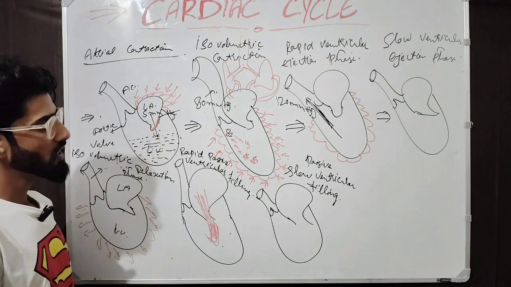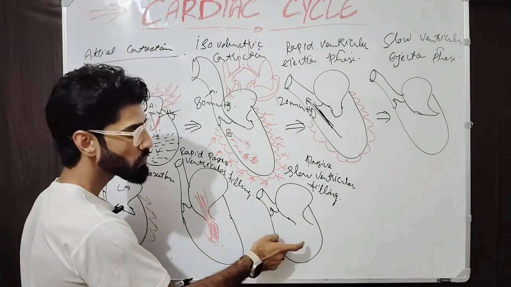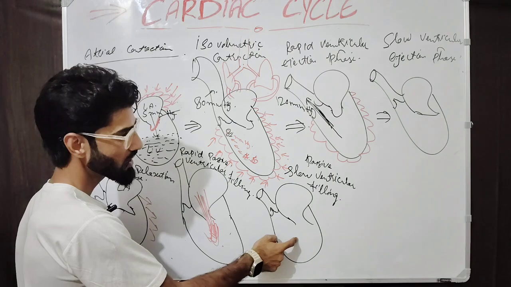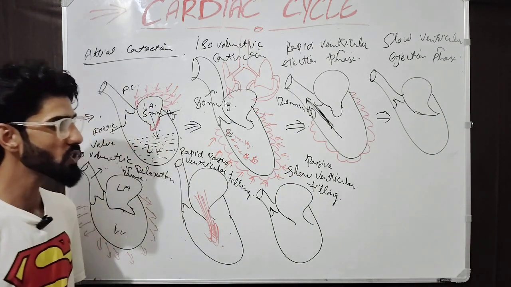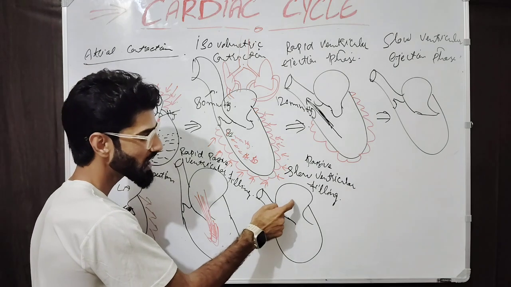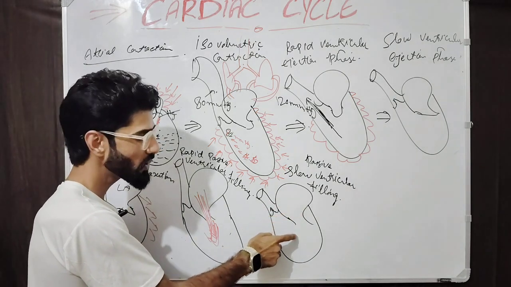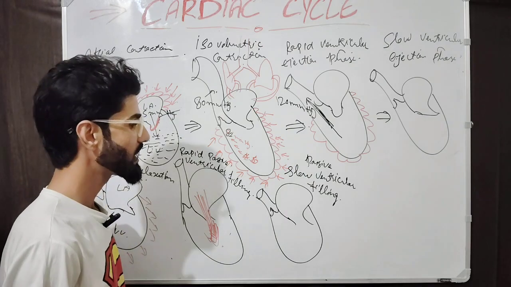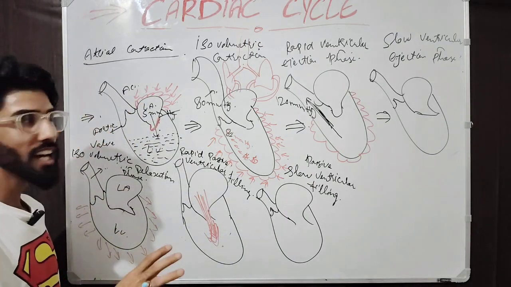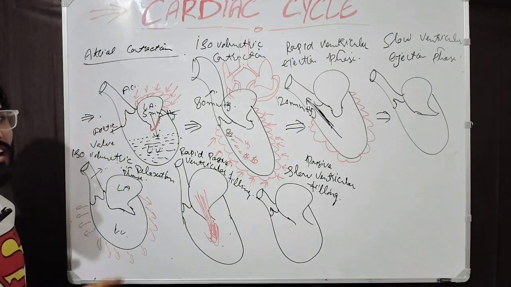During the slow passive ventricular filling, the pressure here becomes less as compared to the left ventricular pressure. Now the next phase is the last one, atrial contraction.